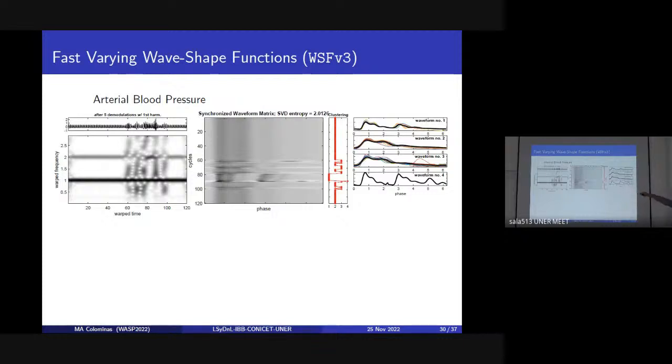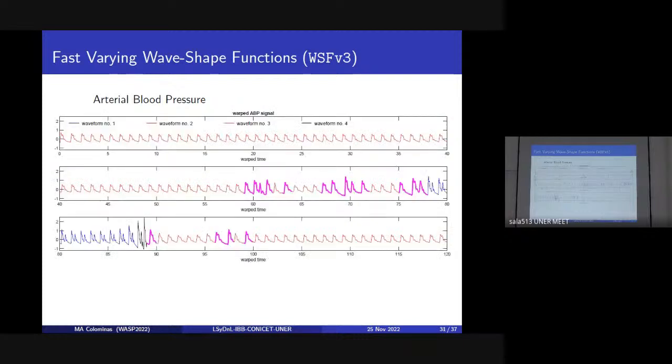You can cluster, you can find 4 different waveshapes, with only one example of waveform number 4, so it could be something like an outlier, and you can use this to paint your original signal, where you can see the normal or regular beat is the most frequent one, waveform number 2, and you can use this method as an indicator of atypical cycles.